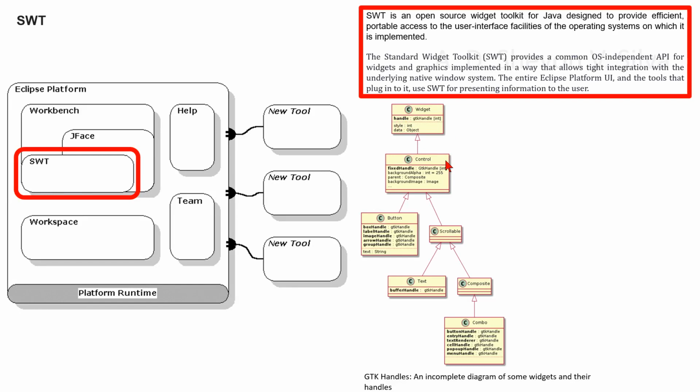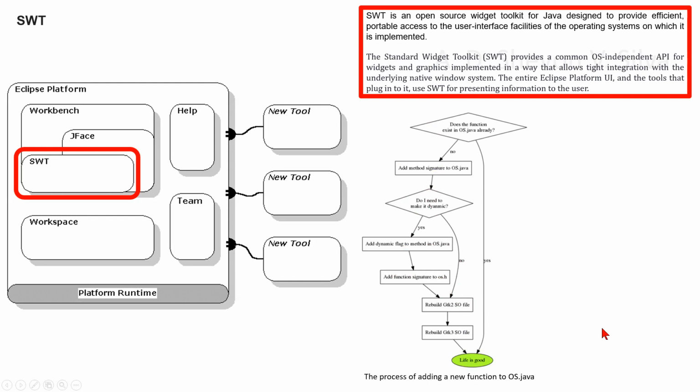Control inherits widget. You can see fixed handle here. Button inherits control and scrollable inherits control. In button you can see box handle, label handle, image handle, arrow handle, and group handle. Text and composite inherit scrollable. In text you can see buffer handle. Combo inherits composite. In combo you can see a button handle, entry handle, text renderer, cell handle, popup handle, and menu handle.